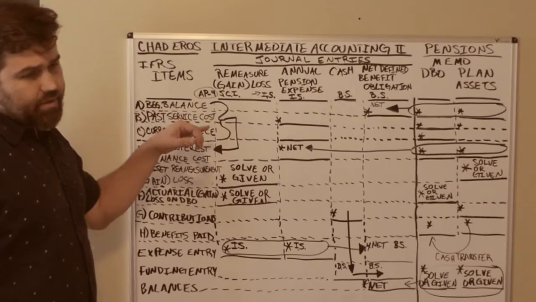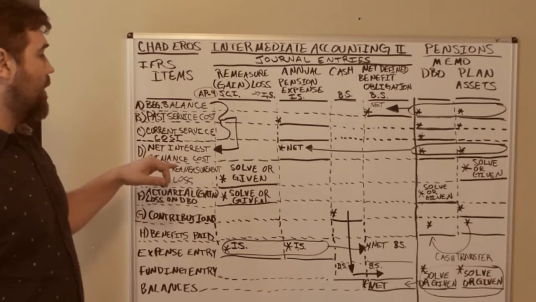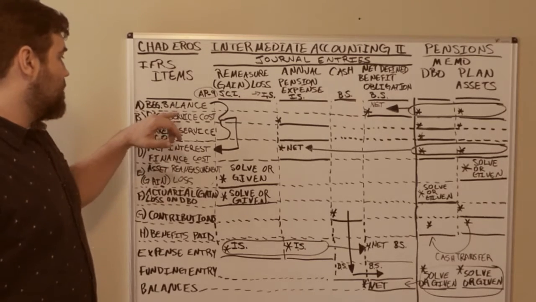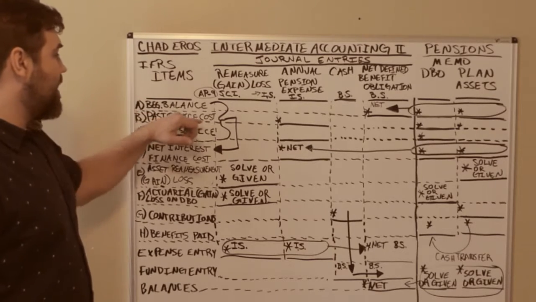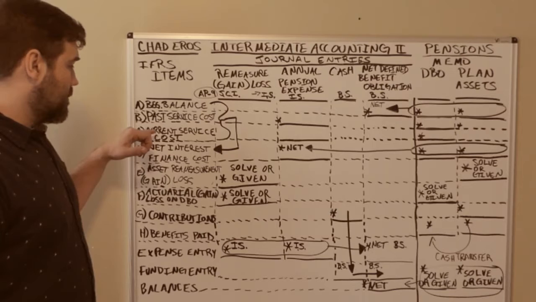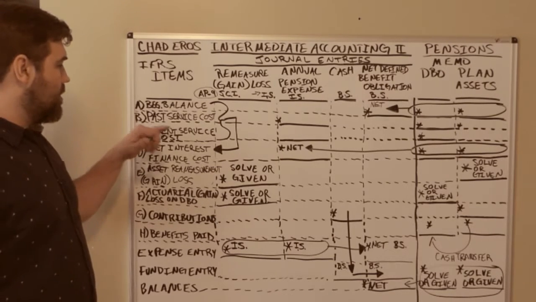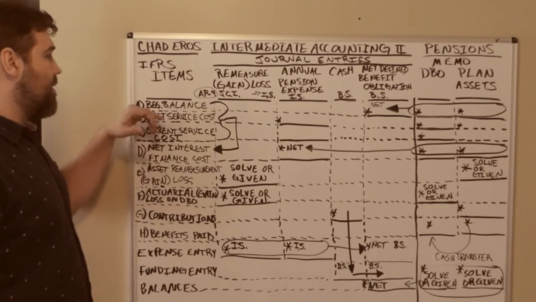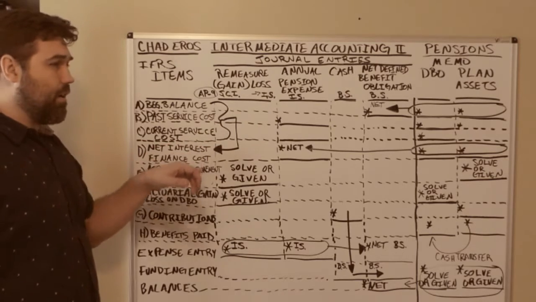Well, if that's the case, then you have to calculate your interest portion based on the beginning balance plus the past service cost. And the question might also say that the current service cost was calculated at the beginning of the year as well. So then you have these three items where interest was calculated for the full year.